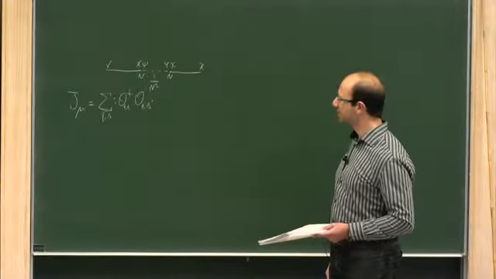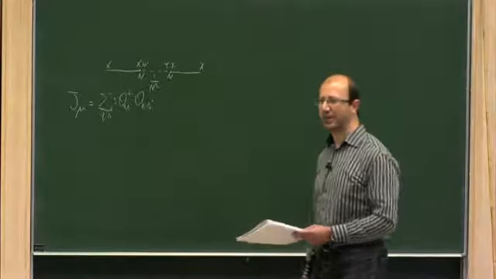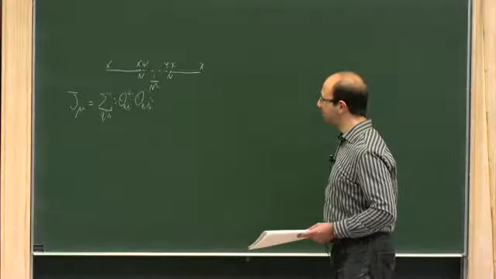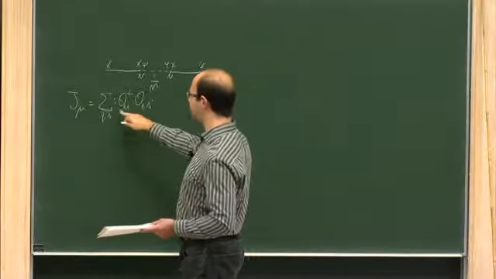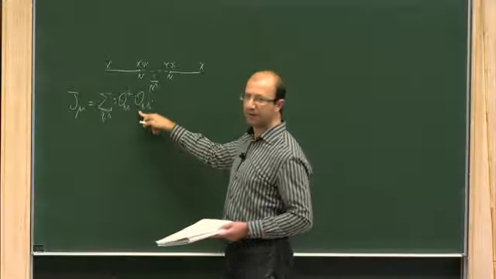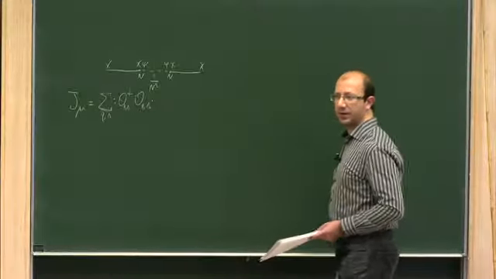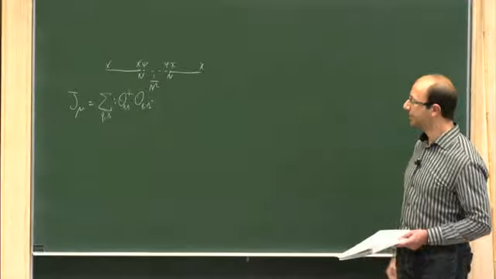I think it's quite plausible, but I don't know the proof. So if this is true, then this current is also bilinear in the bulk fields.